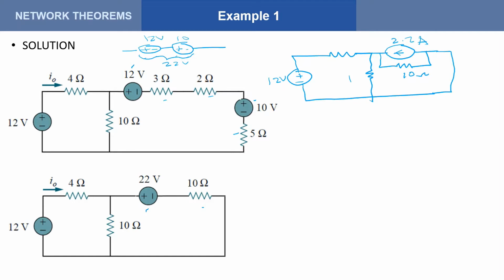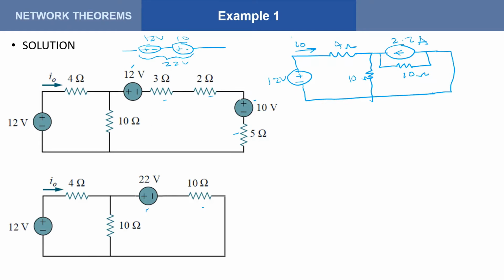So this is 10 ohms here, and this is 4 ohms. So this is our I naught. Okay. We added one loop, but the purpose here is for us to be able to combine the resistances.